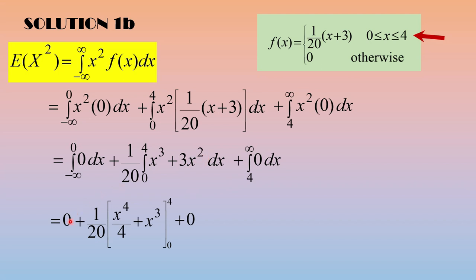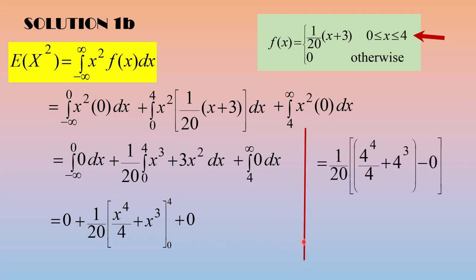Therefore, the equation becomes 1 over 20 integrate x cubed, we get x to the power of 4 over 4, plus 3x squared over 3, which is x cubed, and we substitute the values from 0 to 4. After we substitute the value of 4 minus 0 times 1 over 20, the answer is 32 over 5.